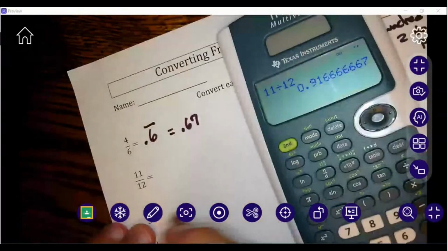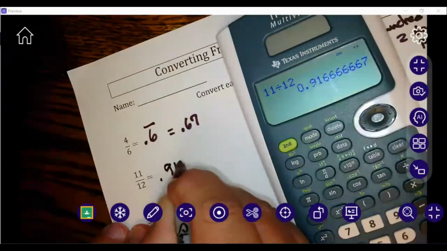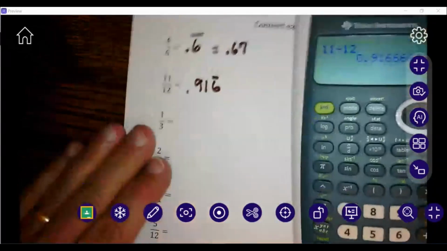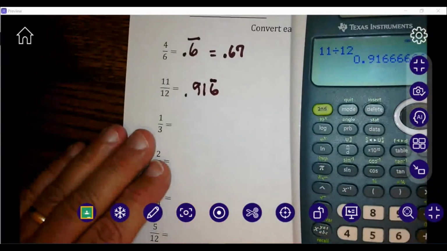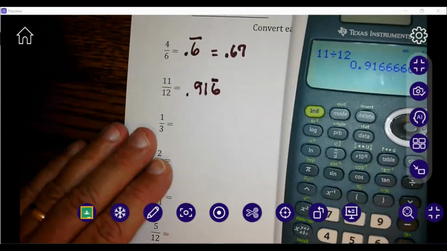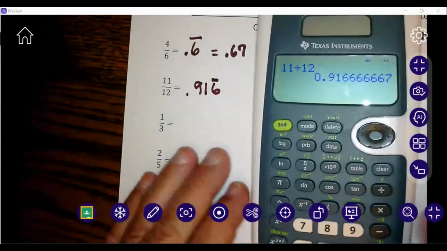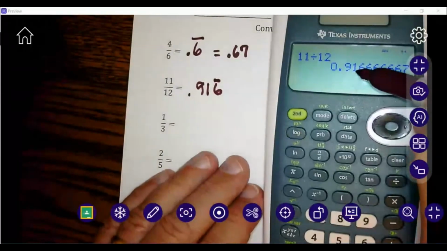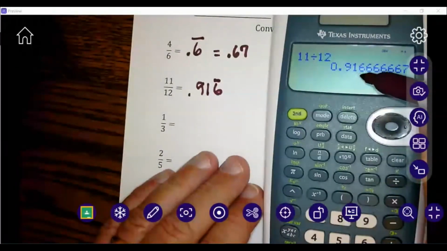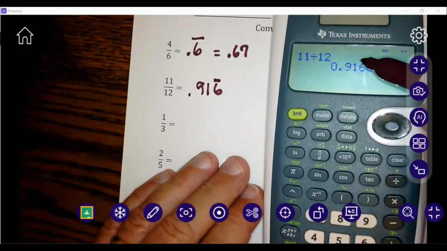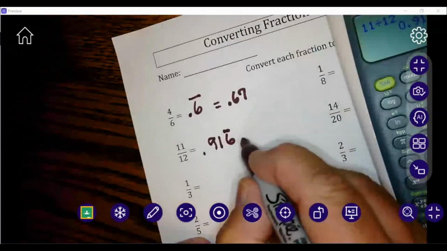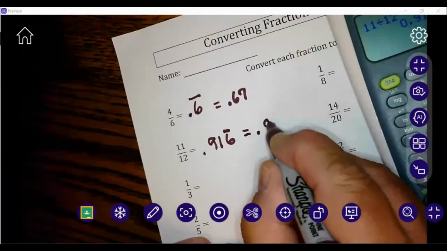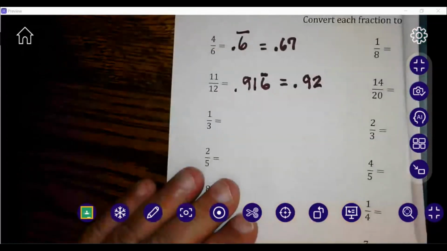So I could write 0.91 and then put a bar over the 6. Or if we're going to round that to 2 decimal places, to the nearest hundredth, we look in the hundredths column, there's a 1. We look next door, we have a 6. The 6 tells us bump the 1 up to 2. And so rounded, this becomes 0.92.